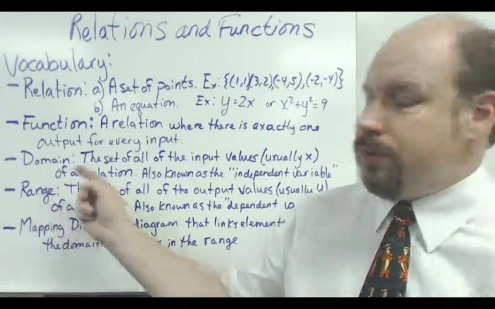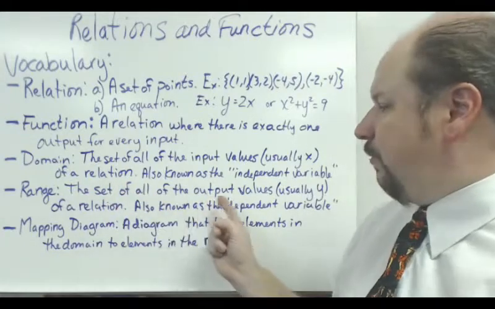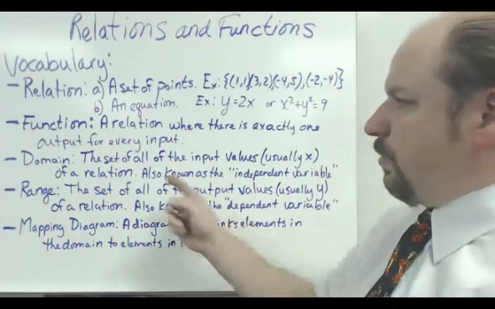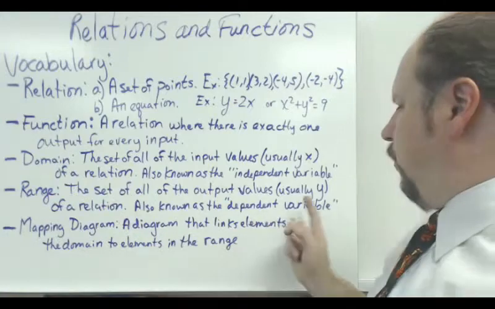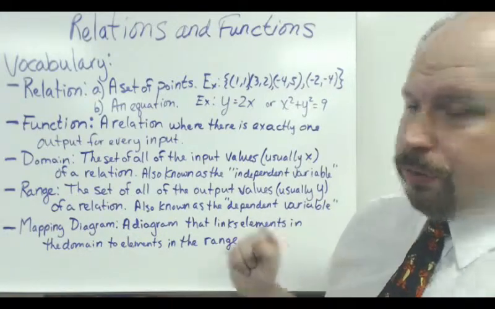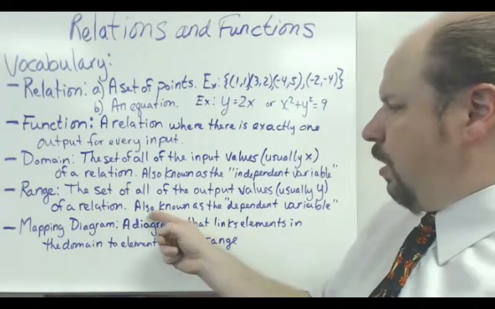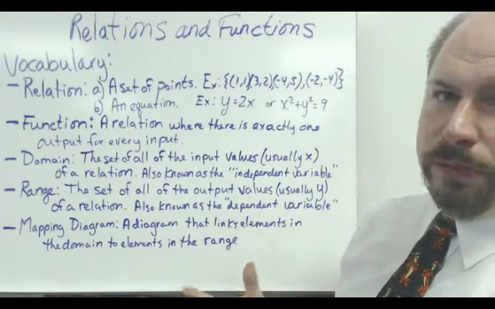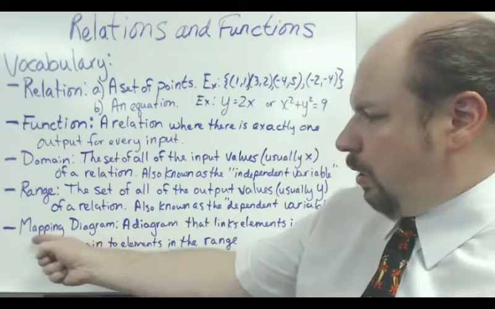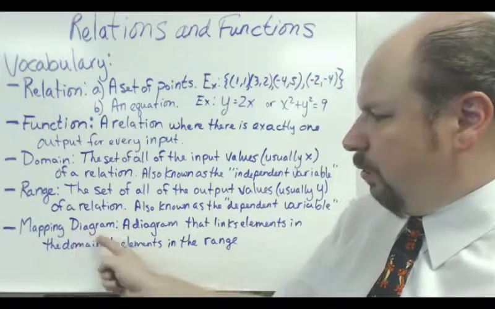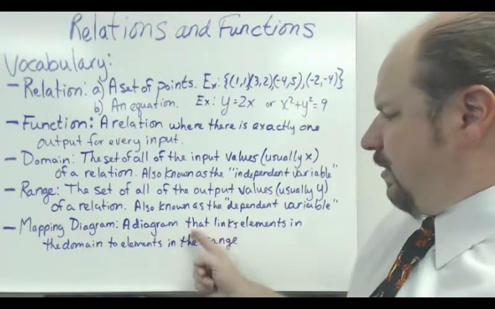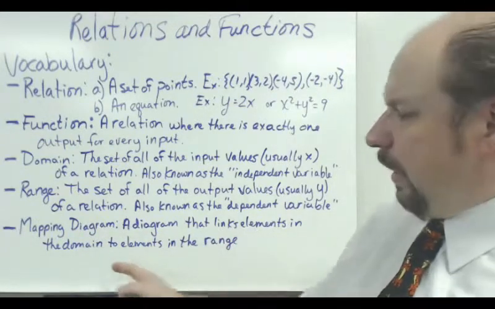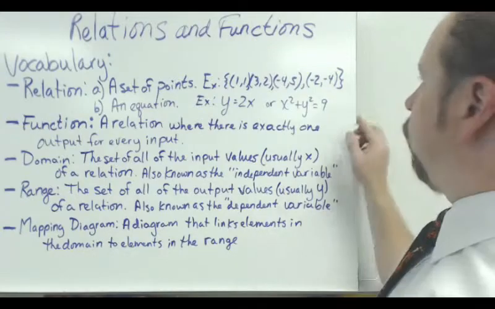The range is the set of all of the output values. So domain is input, range is outputs. It's usually the y values for the outputs of a relation, and this is also known as the dependent variable. In just a minute, we're going to see some mapping diagrams. A mapping diagram is a diagram that links elements in the domain to elements in the range.